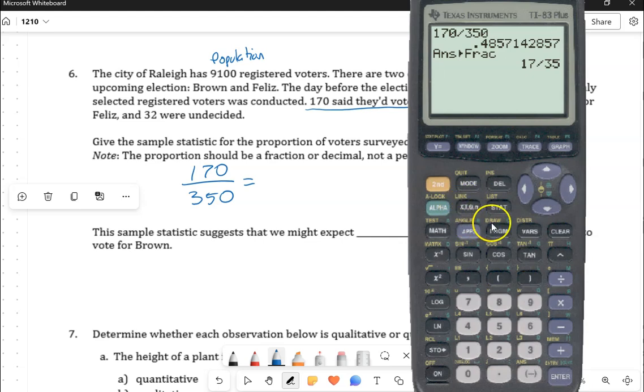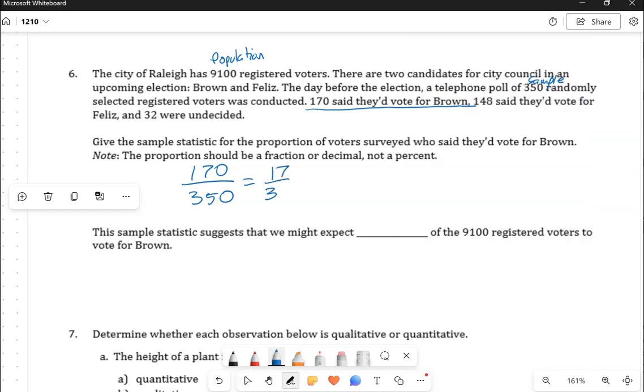Many of you will have a fraction button in this area of your calculator, and you can do second fraction button or just fraction button. You can type in 170 over 350 and hit enter, and it'll simplify for you. So we have 17 over 35. Of course, you could just reduce the zeros and get that as well, but however you manage it, in general, you will want to have a simplified fraction.